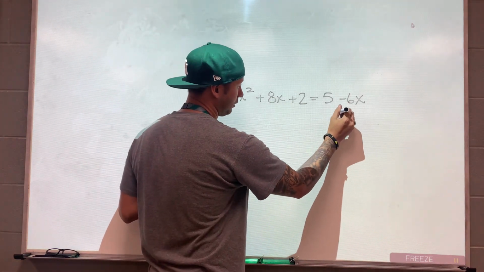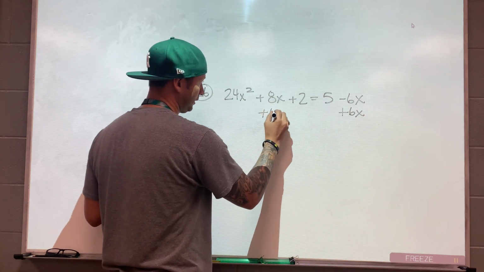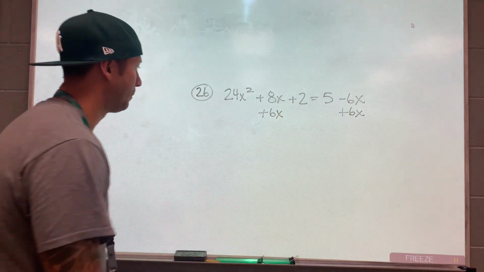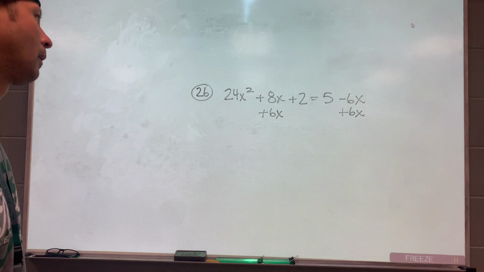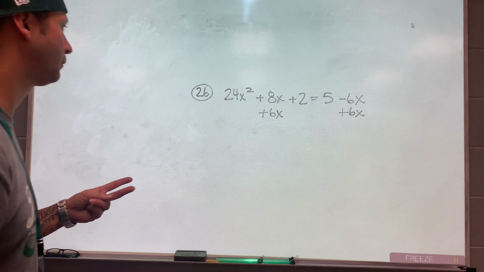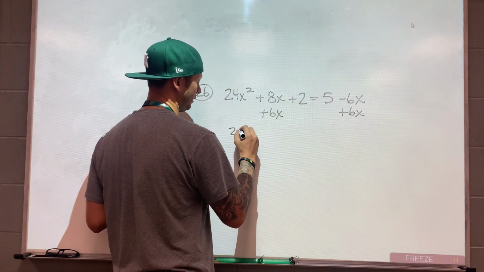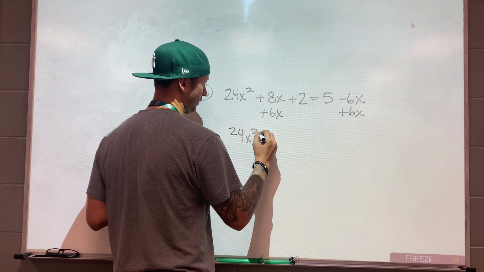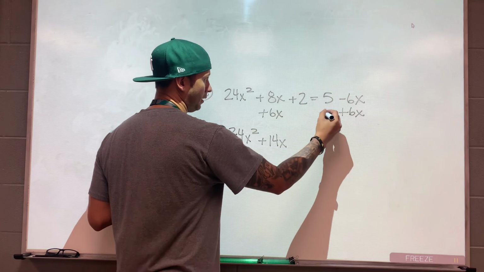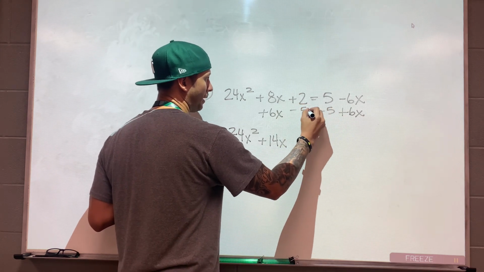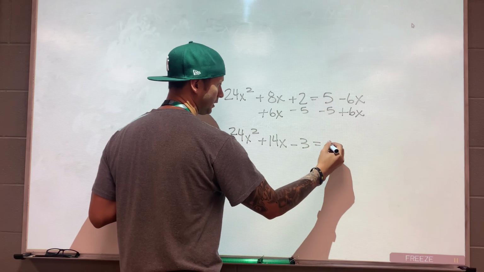So plus 6x, plus 6x. Combining like terms. 8, 9, 10, 11, 12, 13, 14. So 14x, 2 minus 5, negative 3, is equal to 0.